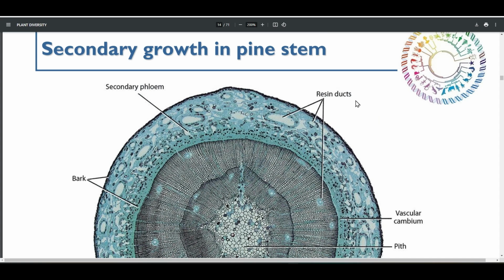So I think resin is like an antibacterial substance that pines produce. It's like an immune system for the plant.